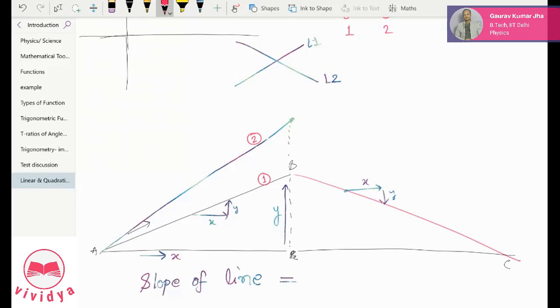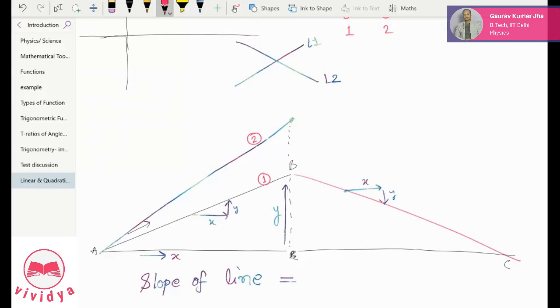In both cases, slope is positive. Slope positive means x is increasing, y is also increasing. You understand slope, but now we will define how much the slope is. In both 1 and 2, the similarity is that the slope is positive, uphill.